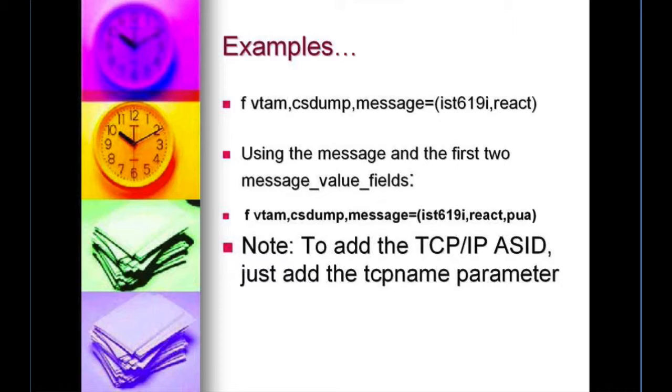Using the message in the first two message value fields: F space VTAM, CSDUMP, message equal left paren IST619I, REACT, PUA, right paren. Note, to add the TCPIP ASID, just add the TCP name parameter.